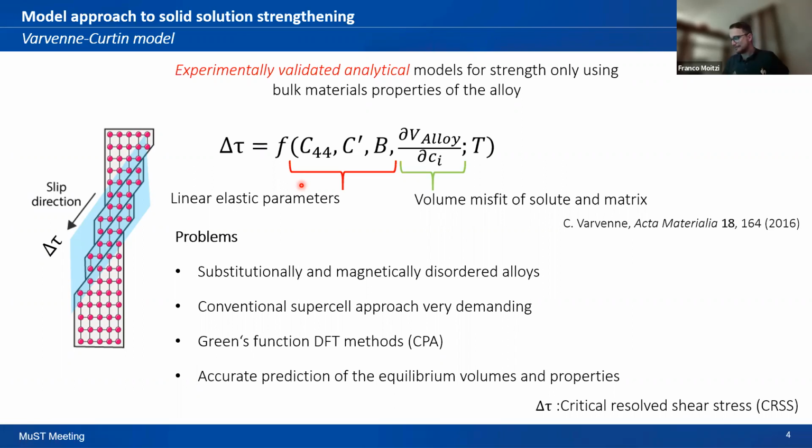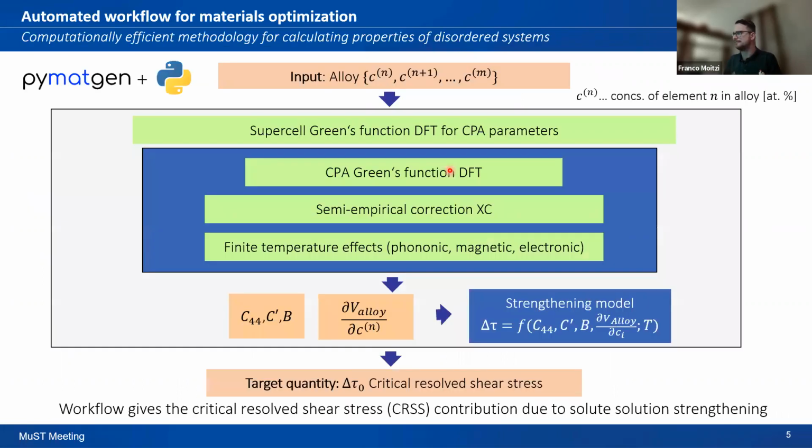However, in order to make our model predictive, we really need to accurately predict the linear elastic properties and also the equilibrium volumes as accurately as possible. That's why I set up a quite elaborate workflow that will produce all of these results.